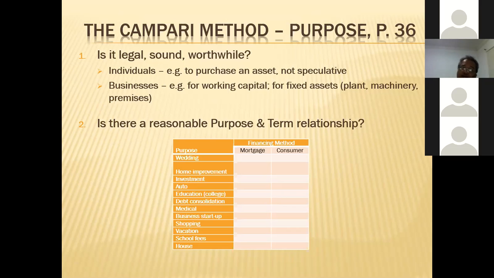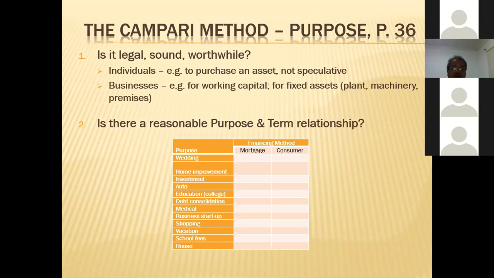Okay. So for individuals to purchase an asset, it is not speculative. For example, if they come to you, say they want $3,000 to go to one of the numbers houses, I would not, as a lending institution, lend them money for that. Okay, that's speculative. With regards to businesses, you'll want to lend them for working capital, for fixed assets such as plant, machinery, premises, and it might be even for expansion of the businesses.